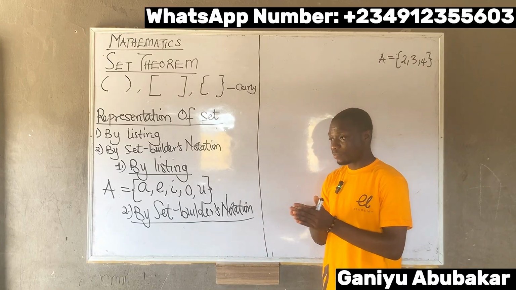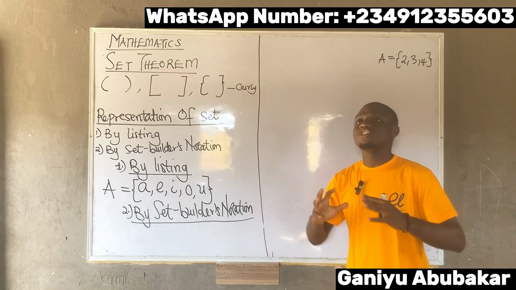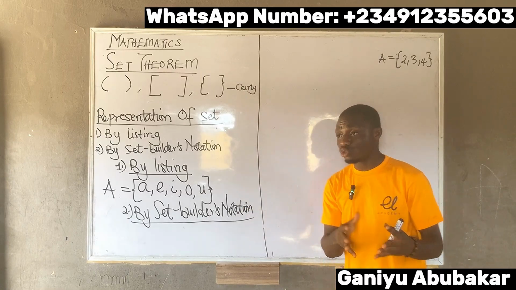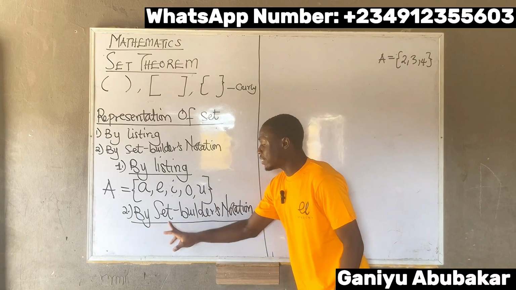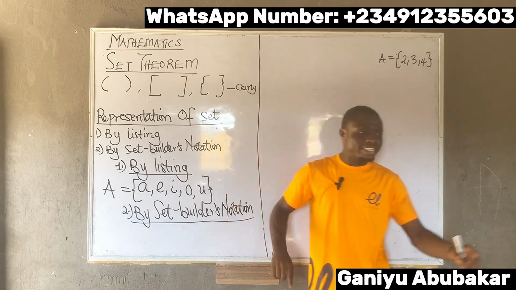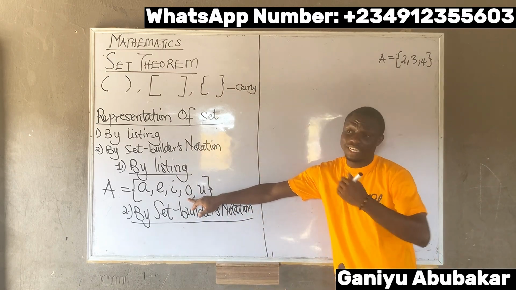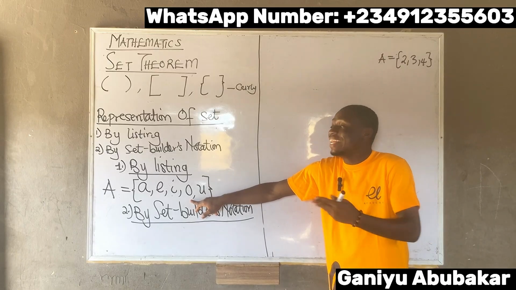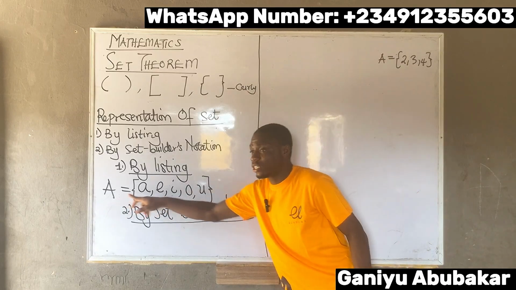So your ability to describe that set leads you to the concept of by set builder notation. Now listen to the example I gave you here: given a set A equal to the vowel letters by listing, how do you write it? In this form.